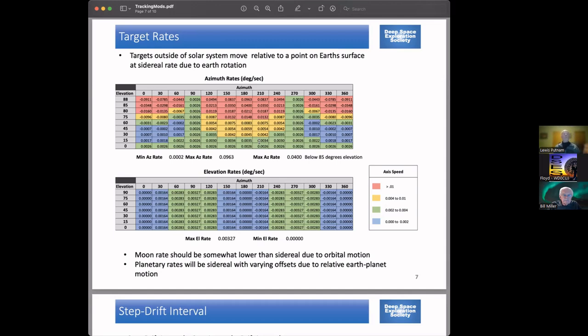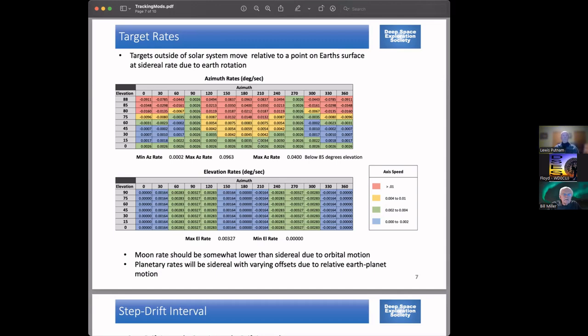It's 2/10,000. And the max azimuth rate up to 88 degrees is 0.09. And I've shown it below 85 degrees. It's my opinion we shouldn't be tracking things up above 80 or 85. So it's getting a little too fast.